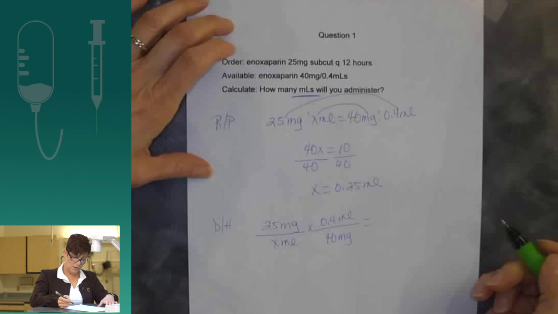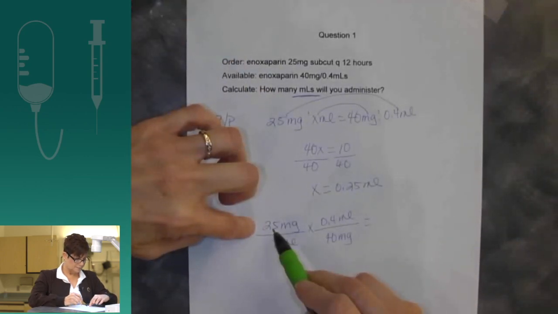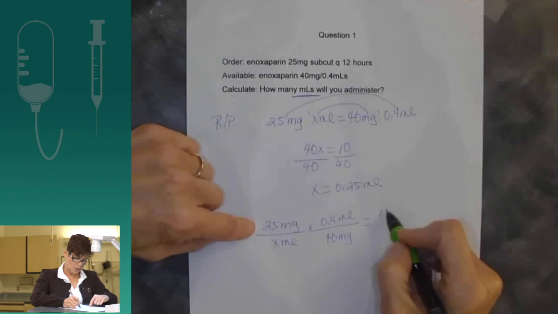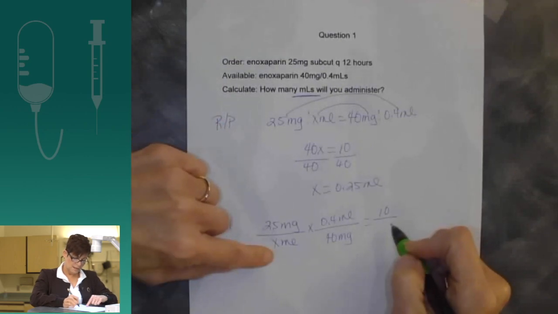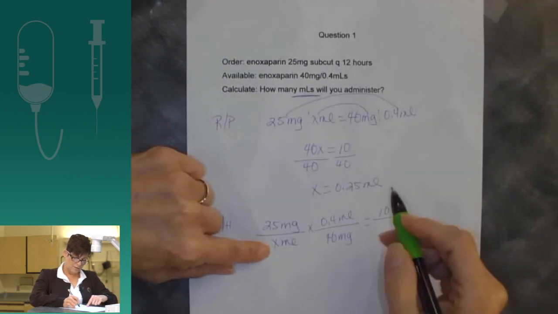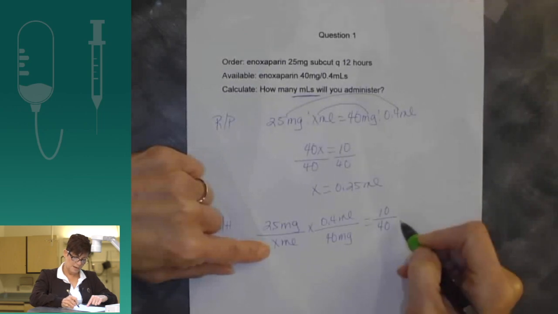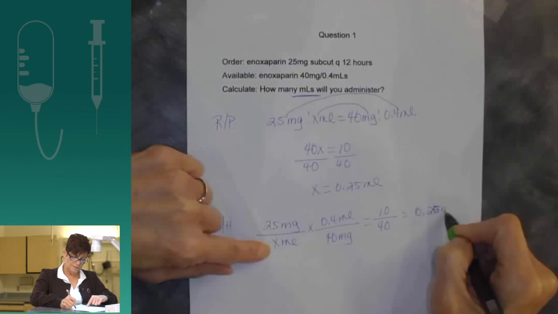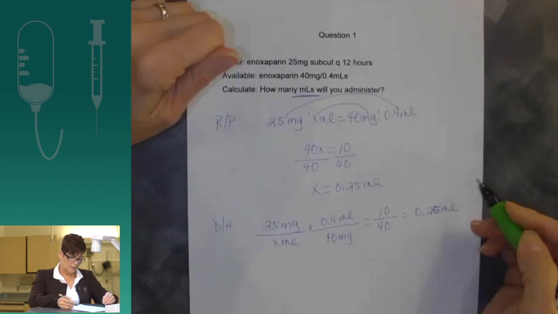So now we're going to multiply. Here we have 25 times 0.4, which is 10, and we have 40 milligrams at the bottom, and this gives us our 0.25 mLs.